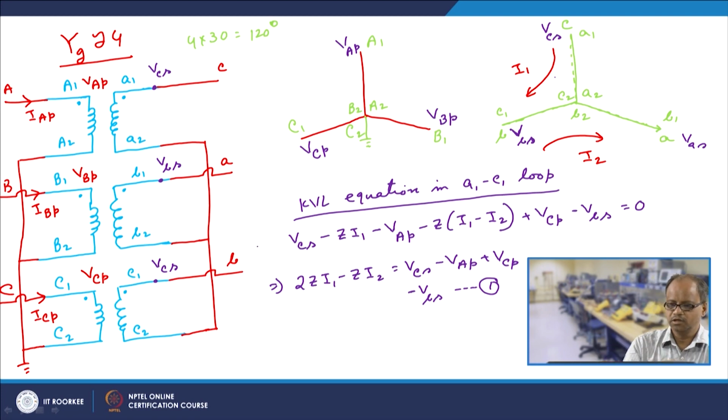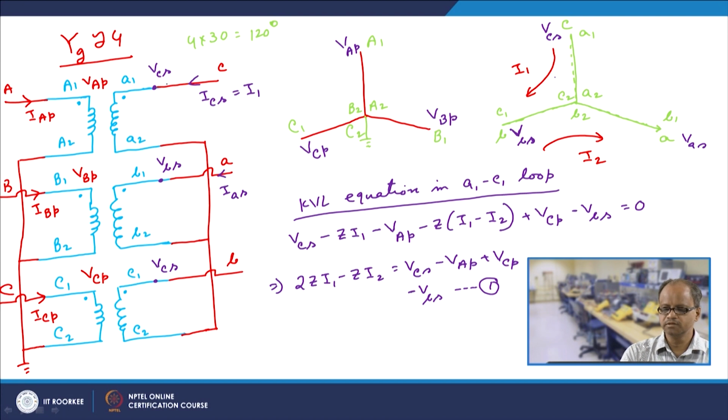So now here the current is ICS, that is equal to I1. Here the current is IBS, because no, this is IAS. Sorry, this is IAS, because this is phase C.